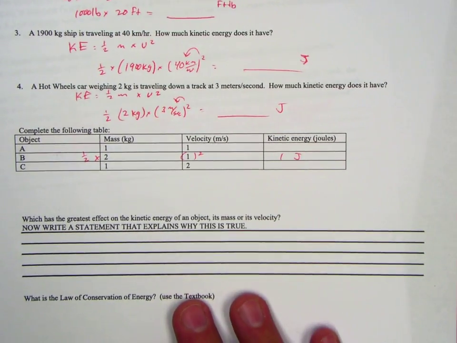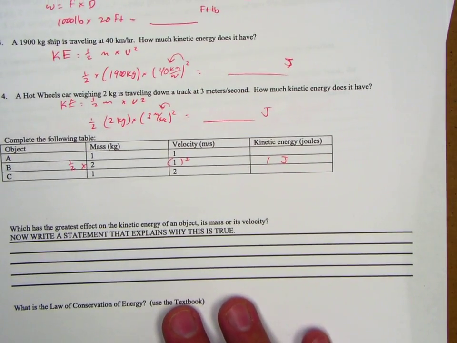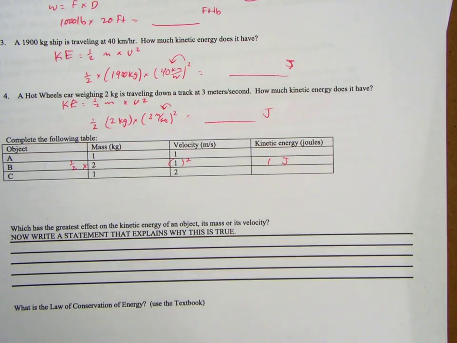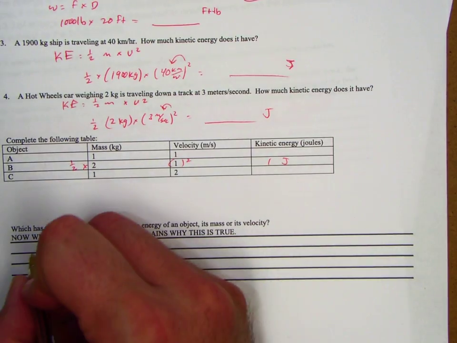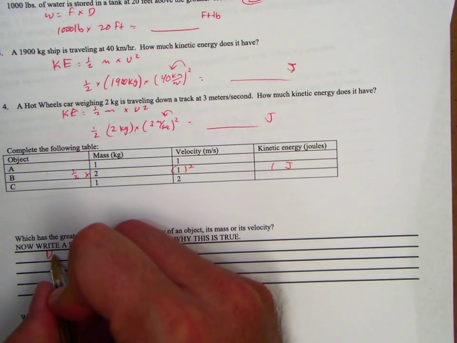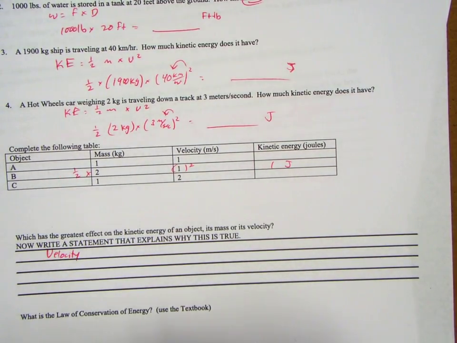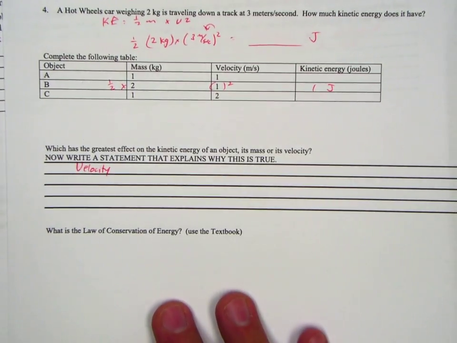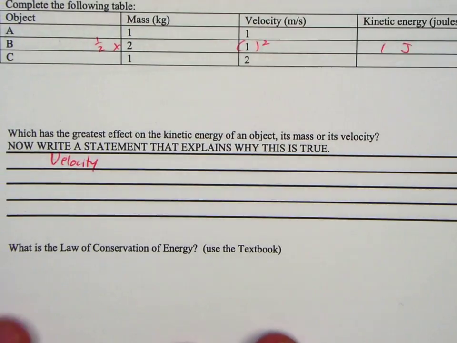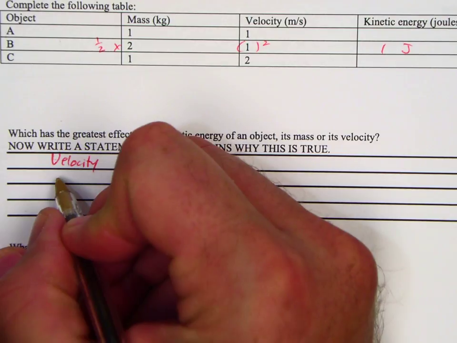Next it says, which has the greatest effect on the kinetic energy of an object, its mass or its velocity? Now write a statement explaining why this is true. Well, the statement would be its velocity. Velocity is going to have a greater impact. How do we know this to be true? Well, we know this to be true because in the formula, velocity is squared.